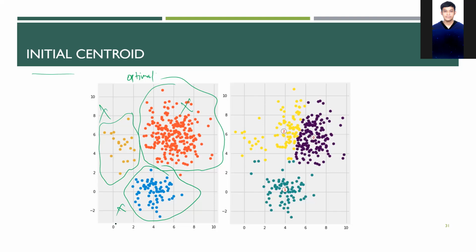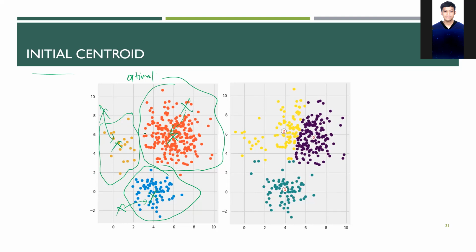Over the iterations, the first centroid will move to this point, the second centroid will move to this point, and the third centroid will move to this point. So the result will be like the left picture, perfectly divided into three clusters.